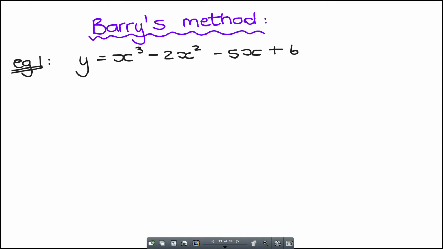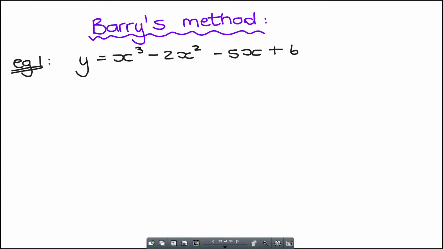Substitute with your calculator. What about 1? I always try with 1 first.